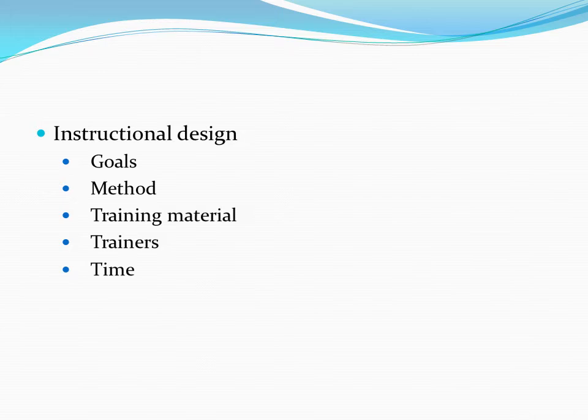The next point is about training materials. Here the training materials are all about the training instruments for that particular training program. Let's say you are going to have a computer training.